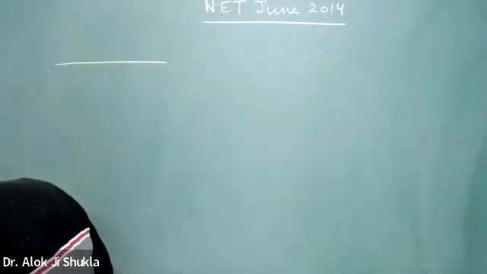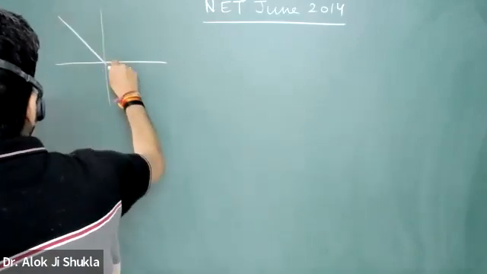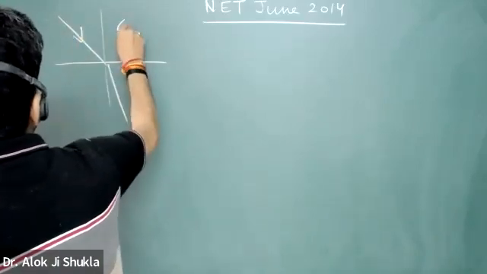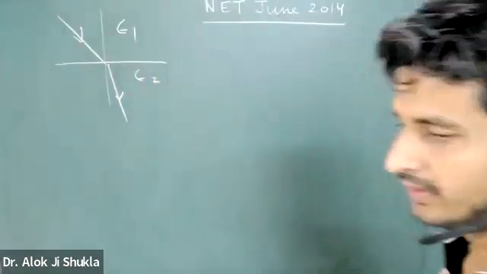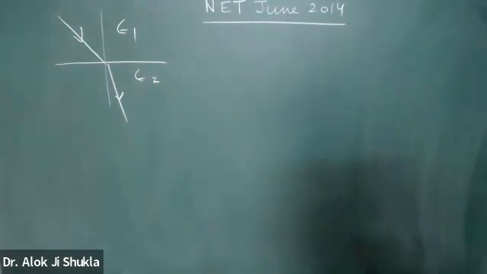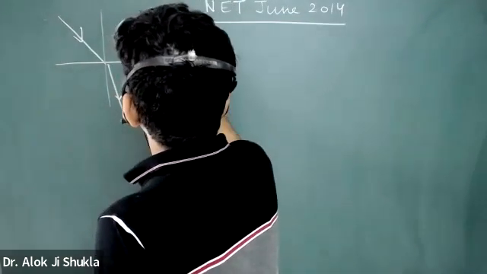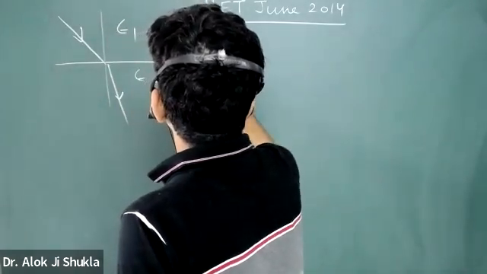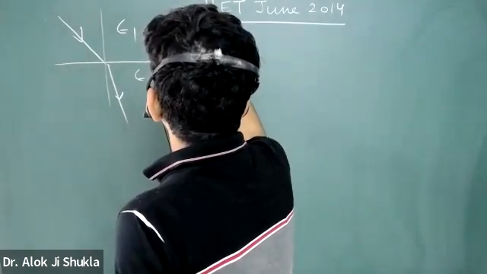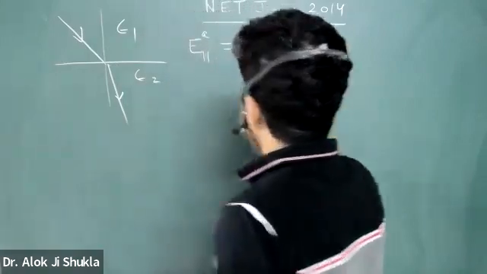Consider the interface between two media, epsilon 1 and epsilon 2, with no charges on the surface. Suppose D is going perpendicular, like above this. This is epsilon 1, this is epsilon 2. The electromagnetic wave is going like this. First of all, E parallel above is equal to E parallel below, correct?